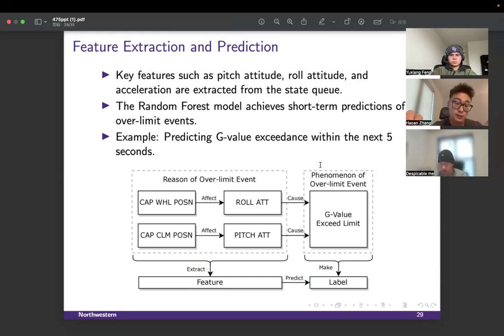For example, it can predict whether an over-limit event will occur within the next 5 seconds. This short-term prediction significantly enhances flight safety. You can see this graph shows the distribution of the features and the logic of the model's prediction. Post feature extraction, the data is split into the training and the testing sets. And the model leverages this data for training and validation.